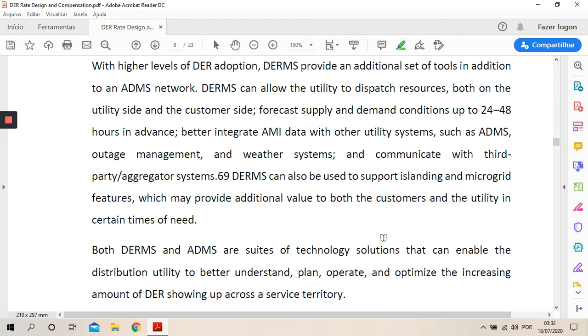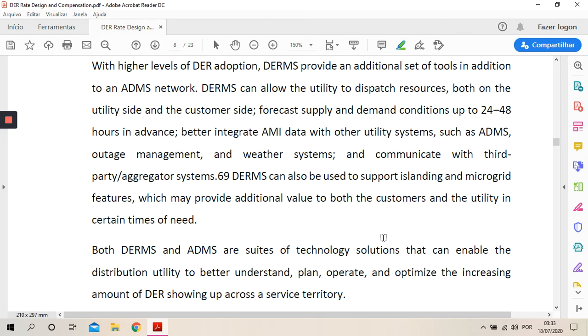With higher levels of DER adoption, DERMS provide an additional set of tools in addition to an ADMS network. DERMS can allow the utility to dispatch resources both on the utility side and the customer side, forecast supply and demand conditions up to 24 or 48 hours in advance, better integrate AMI data with other utility systems such as ADMS, outage management, and weather systems, and communicate with third-party aggregator systems.